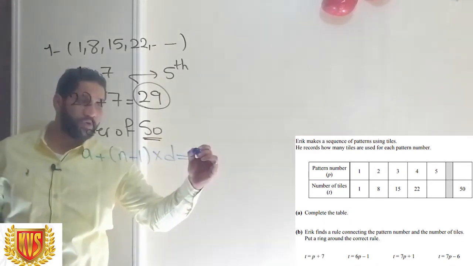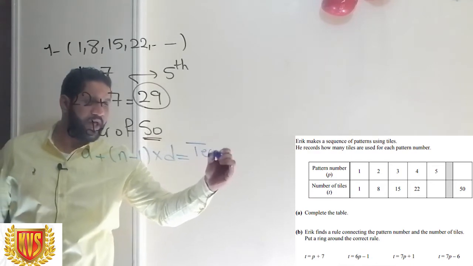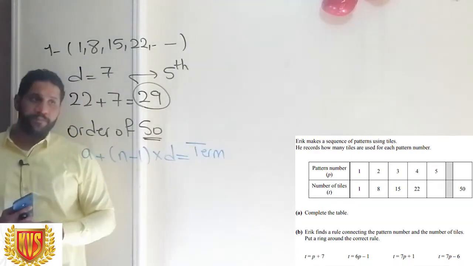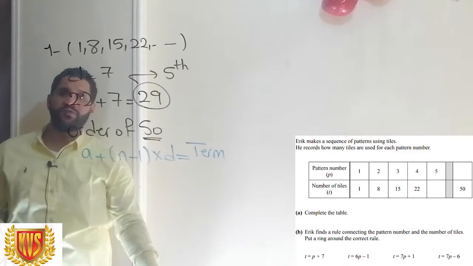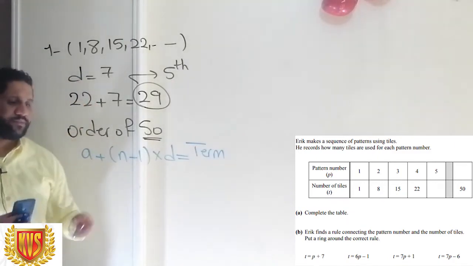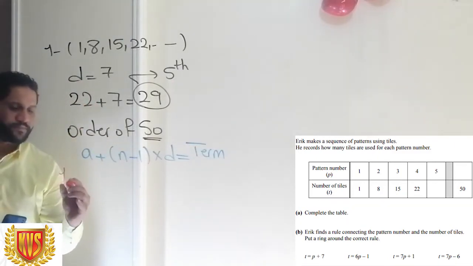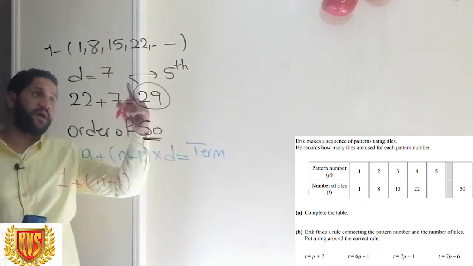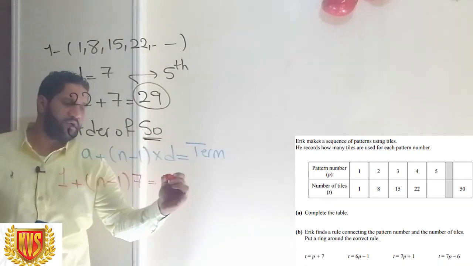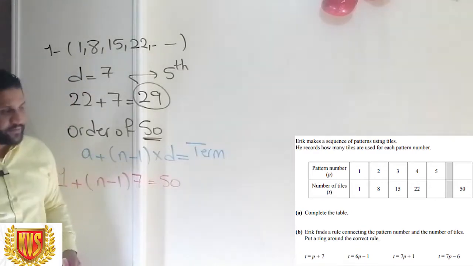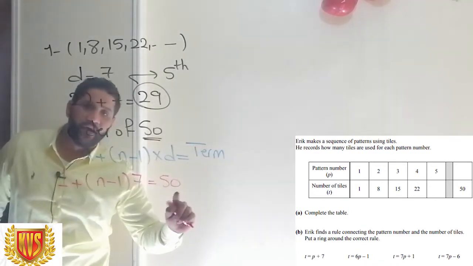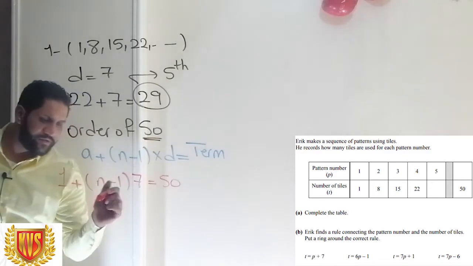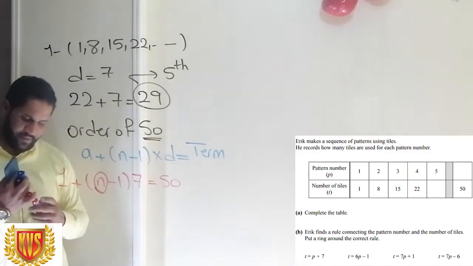This is equal to your nth term. Okay, I can see that a equals 1, plus a bracket n minus 1 times d, which is 7, all of this equals 50. So why did I put 50 here? Because I need to find the order of 50, which is my n.